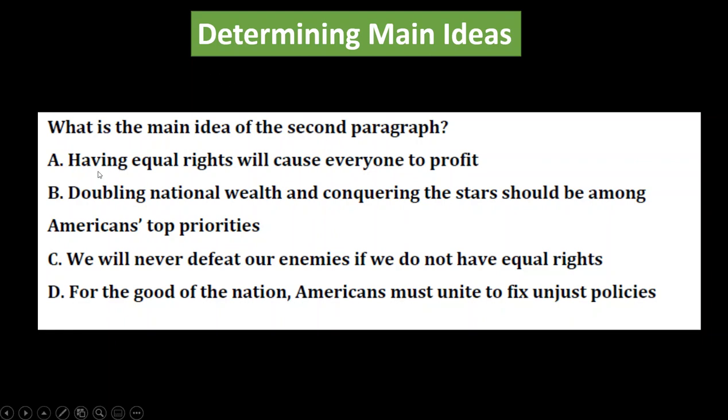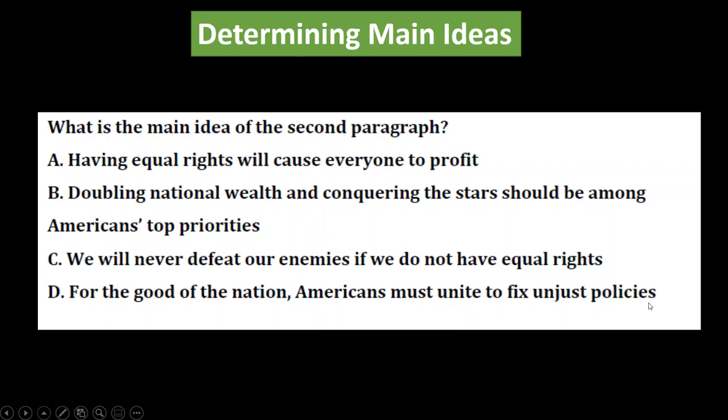We have 4 choices. Having equal rights will cause everyone to profit, or doubling national wealth and conquering the stars should be among Americans' top priorities, or we will never defeat our enemies if we do not have equal rights, or the last one, for the good of the nation, Americans must unite to fix unjust policies.